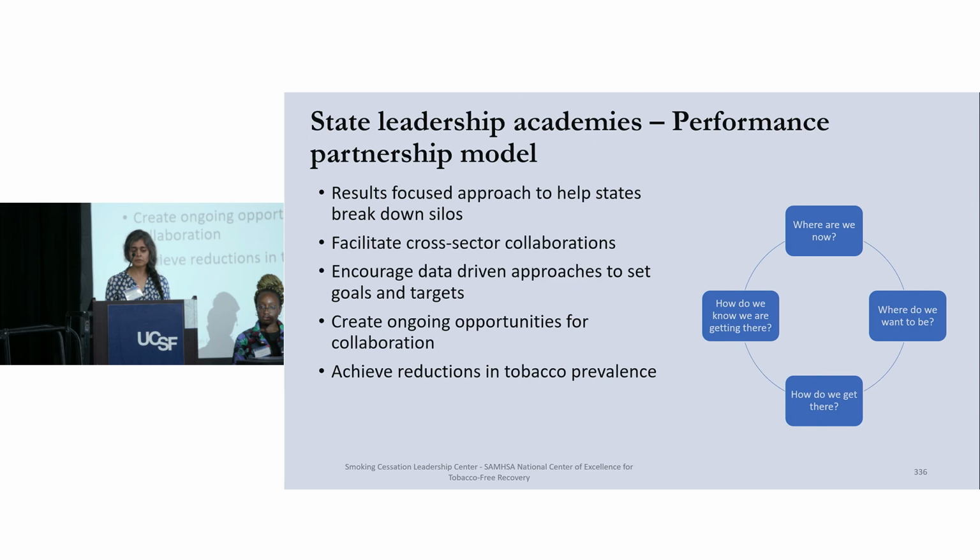They created ongoing opportunities for collaboration, using this model, which was based on the performance partnership model, to achieve reduction in tobacco prevalence. The performance partnership model is really meant for states to assess where they are now, where they want to go in terms of tobacco prevalence, how to get there, and then how they know that they're getting there.